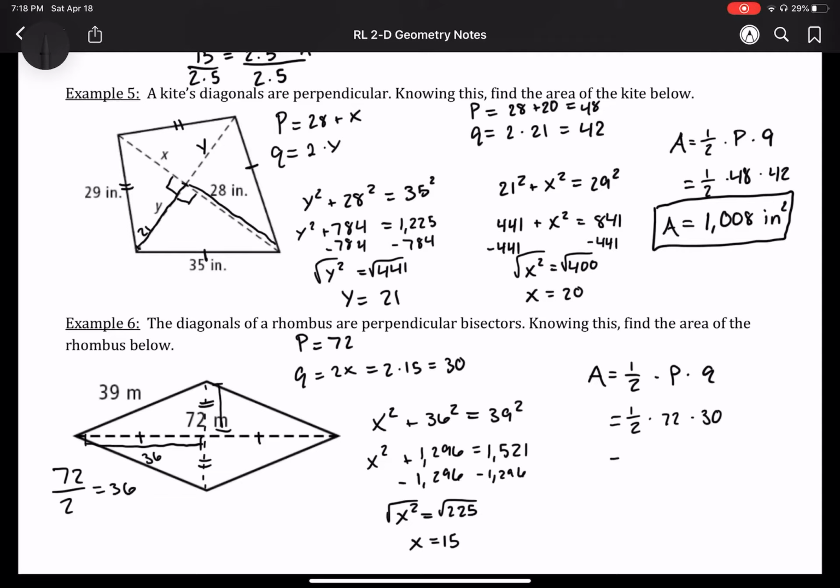So I'm really working with 15 times 72. So the area of my rhombus is equal to 15 times 72, which is 1080 meters squared.